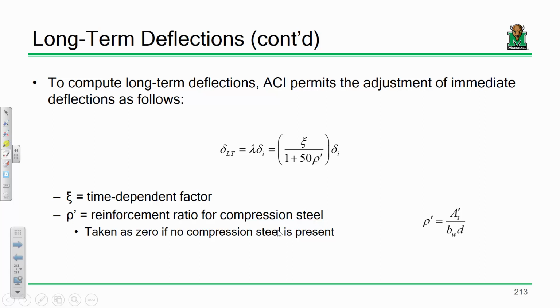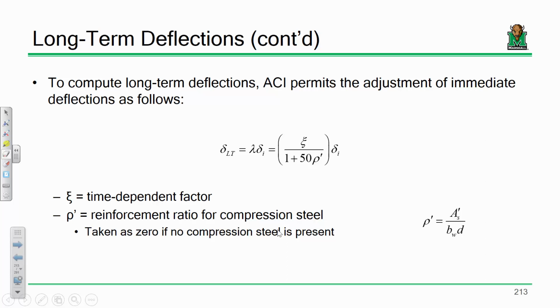All right, barring the Disney representations of our time-dependent factor, this is actually a really easy computation to make. I want everybody to pay attention. So you take your immediate deflections and you then adjust them by what's in here, and you really only need two quantities.